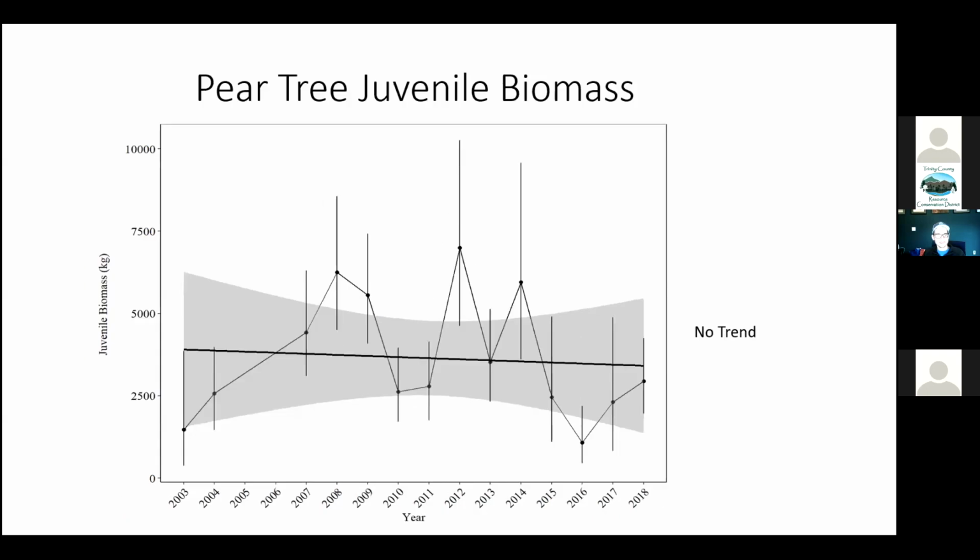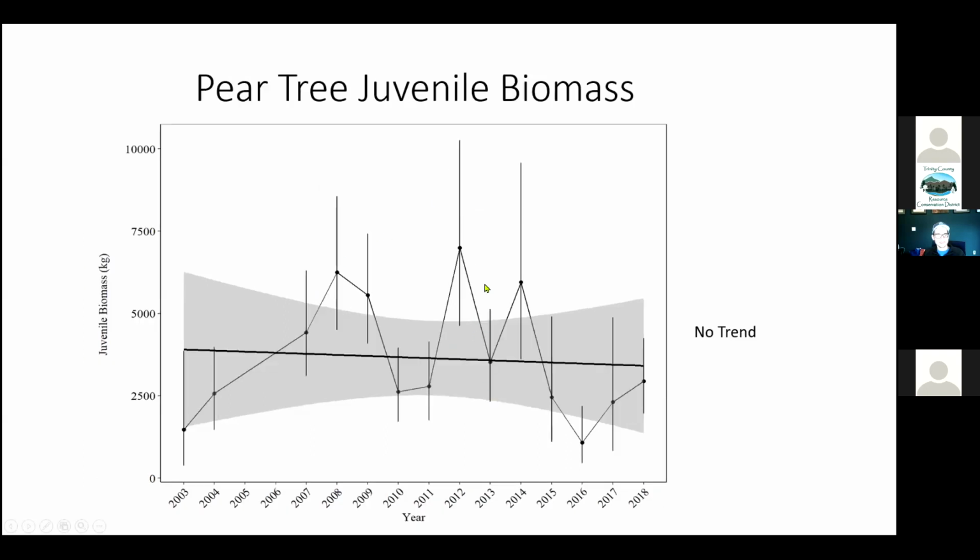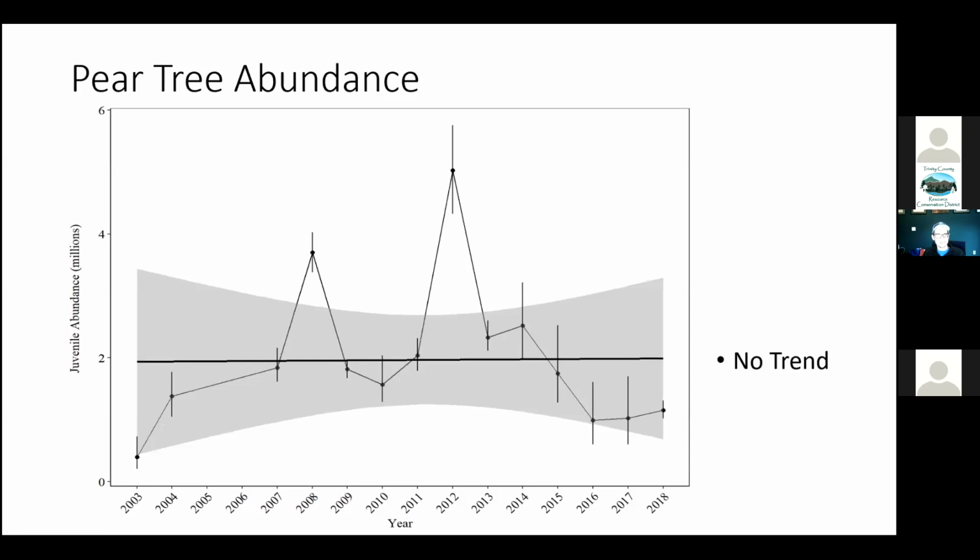So if we now look at biomass of individuals, so we incorporate size. If you go back and forth between this one, you'll see you get lots of individuals in these years. When we look at biomass, now those peaks aren't as high. We get some pretty good error bars around these. And again, no significant trend through time, but my point is that abundance, numbers of individuals, has more variance.